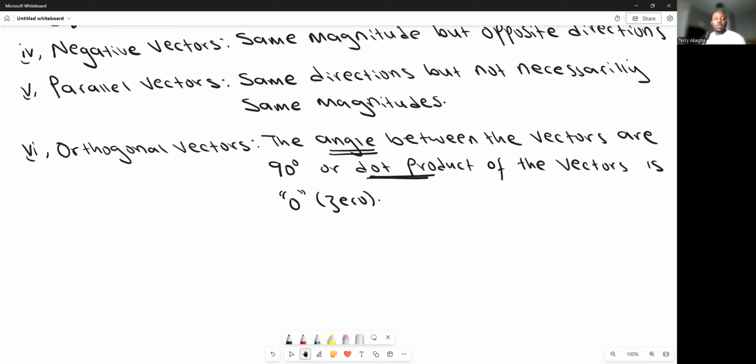So number 7, we're going to talk about co-initial vectors. Co-initial vectors are vectors that have the same initial point. So where the vectors are starting, if the initial points are the same, is what we call co-initial vectors. So number 7, we have co-initial vectors.